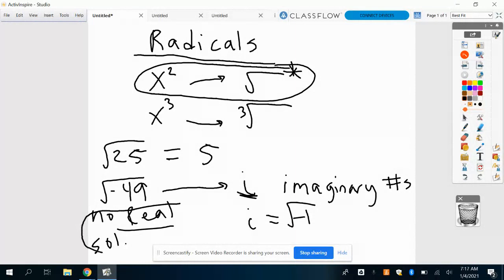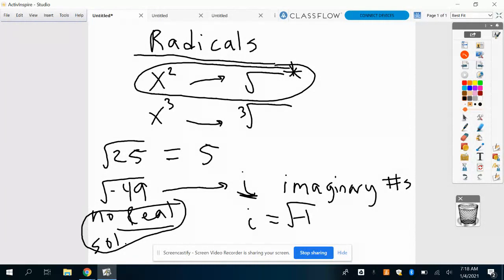So this would be your answer anytime you're given a negative square root. You'll do more with imaginaries when you get to Algebra 2. So what you're focusing on is if you have a negative square root, you know it's no real because it's imaginary. So that's our first introduction into radicals.